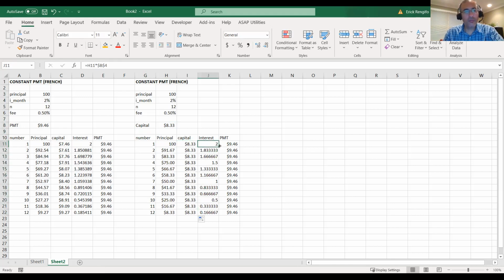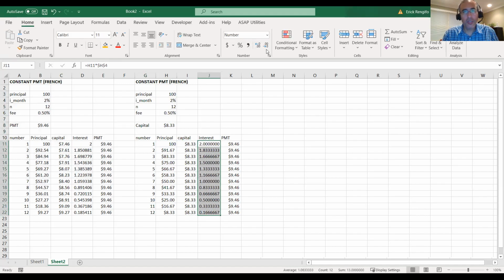And then here, the formula is the same. It's going to be what is left as principal multiplied by the interest rate of the period. And here we go. So let's do this for all of them. Yeah, a lot of decimals because it's periodic, just to show you the periodicity.